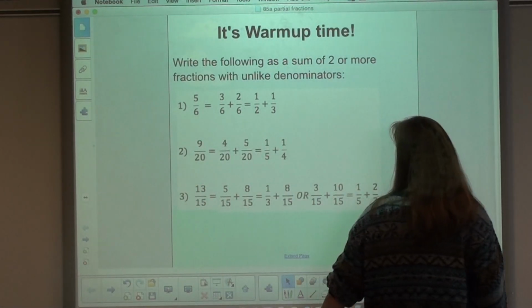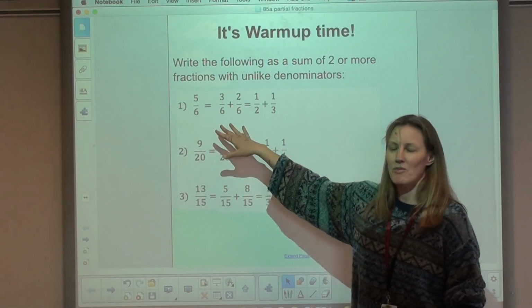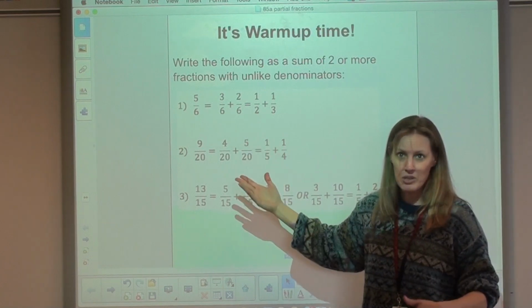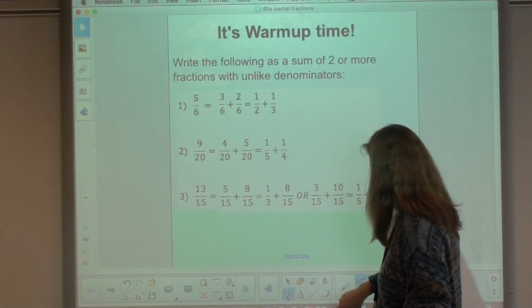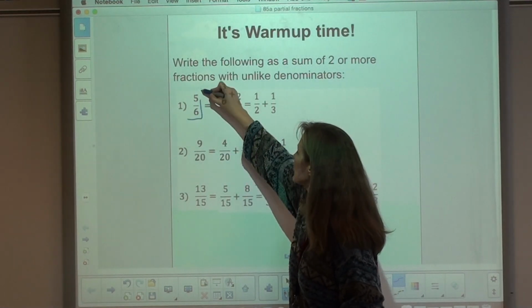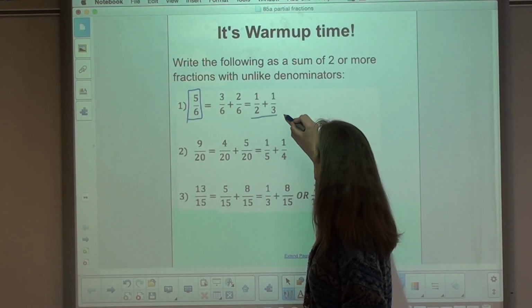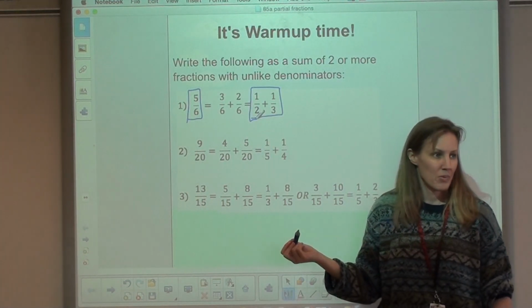Okay. All right. Good. So the main thing that we're trying to point out to you in this little exercise is that if you take a fraction, you can split it into a sum of two other fractions, right?